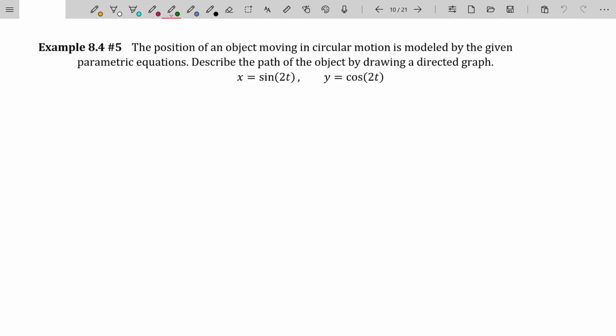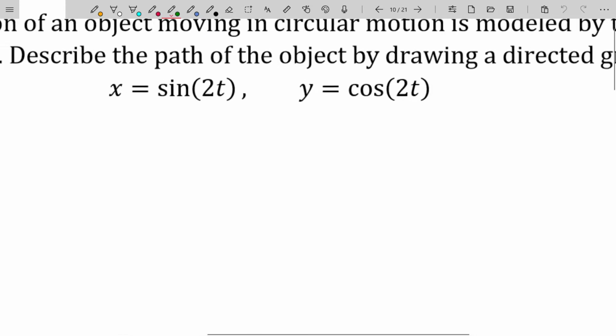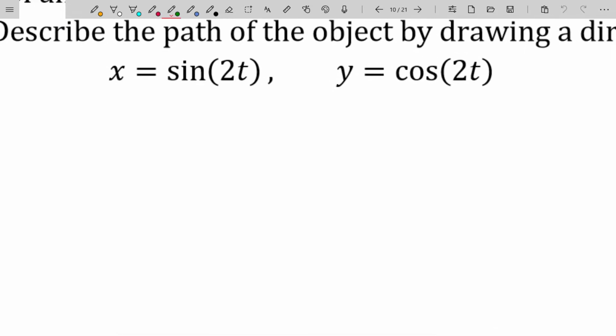So a directed graph is basically what we've been drawing, a graph of these parametric equations with directions on it. So here we have this, we're asked to graph this. And again, my advice still holds. If you have trig functions here and you can't easily eliminate the parameter, you might want to look for trig identities.